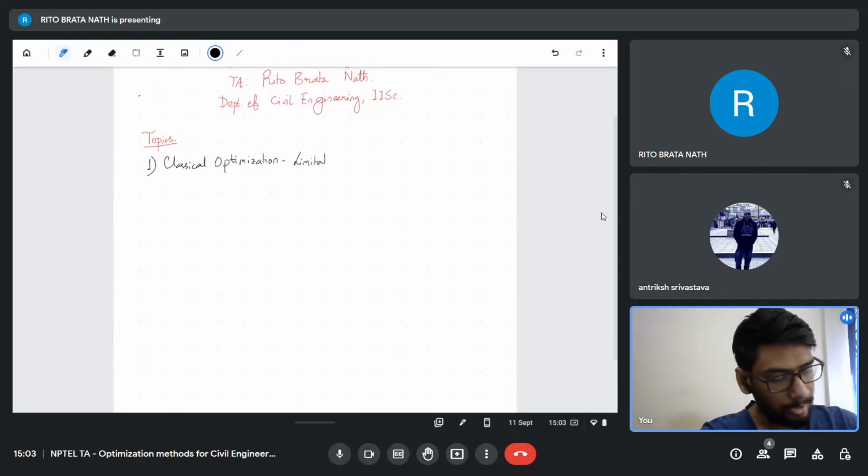The content of this week is pretty simple compared to the previous weeks' content. I just looked at the assignment and I could solve all the questions in like 10 minutes. There is no numerical as such in this week's content, so it's mostly concept based, and I'll probably take one or two examples to see if some numerical examples will help you in the next week's classes as well.